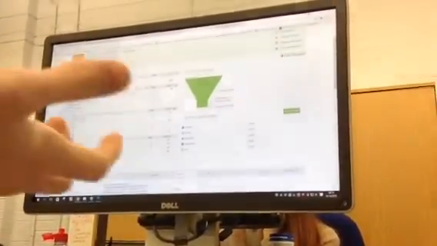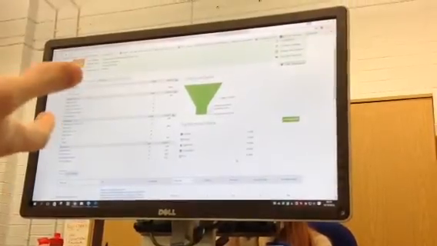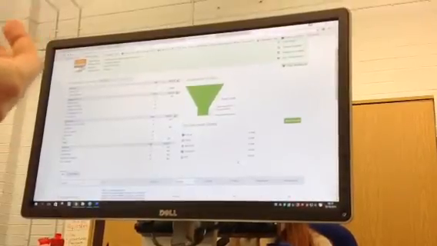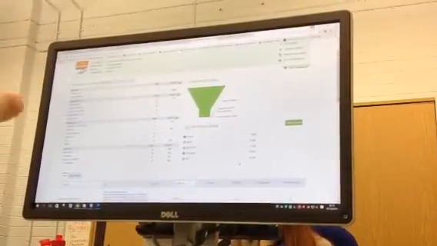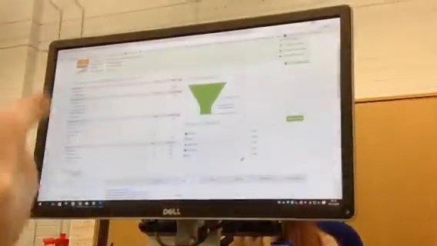There we go, so this one was sent in the middle of September. It was for free delivery. Now, most of the time free delivery is automatic, so if they buy something, then they automatically get the free delivery added on. So something like this maybe wouldn't convert with quite high numbers.